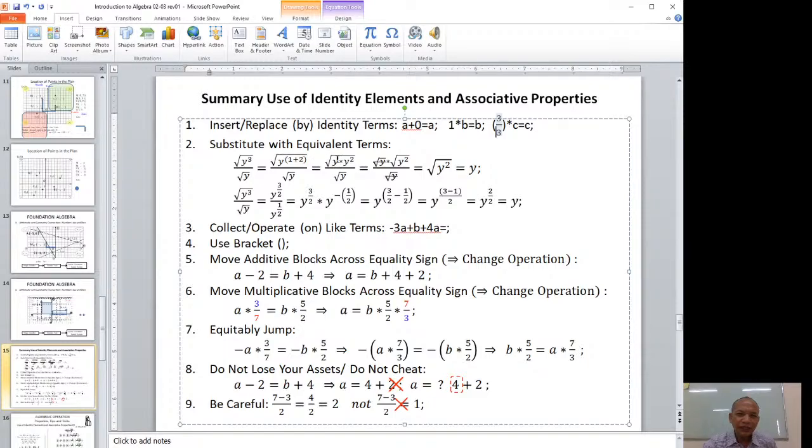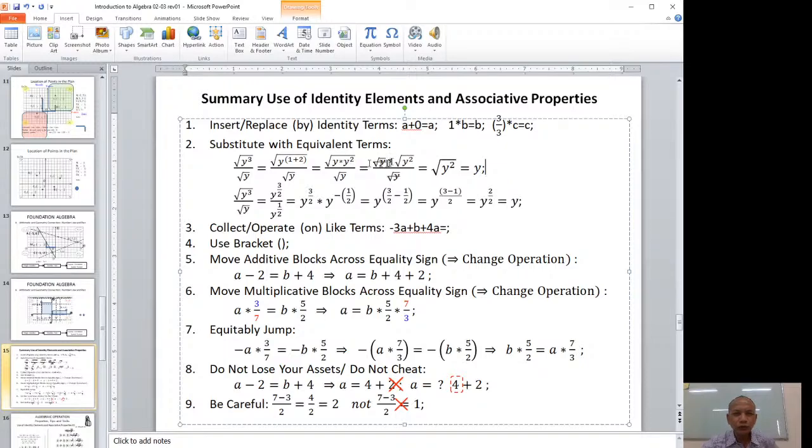later we replace y to the 1 here times y square, then we can separate the radical into multiplication of radicals, the radical of y times the radical of y square.